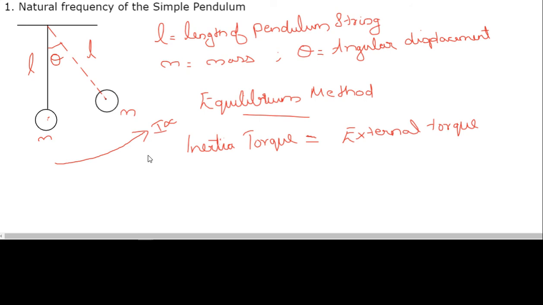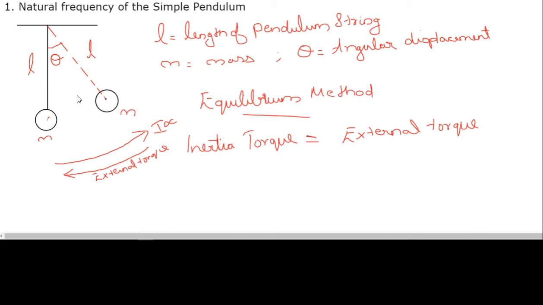The external torque, that means the resisting torque acting on the system, will be in the opposite direction, because this pendulum will tend to come back to its mean position. That will be the direction of the external torque, and we can find this external torque by taking moments.